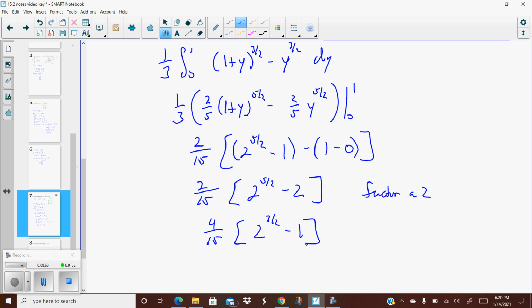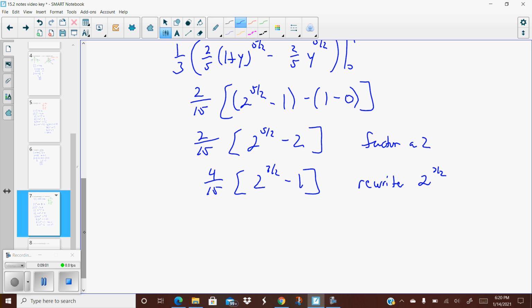You could also rewrite the 2 to the 3/2 in terms of roots if you wanted to. So it'd be 4/15. What is that going to be? The square root of 2, square root of 8. So that's going to be 2 root 2 minus 1.